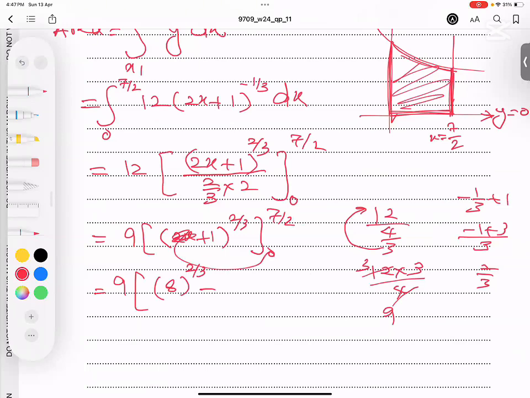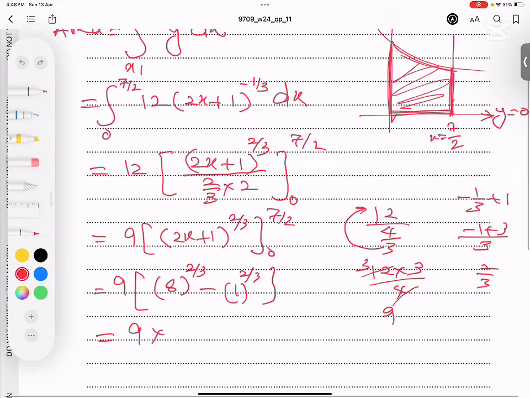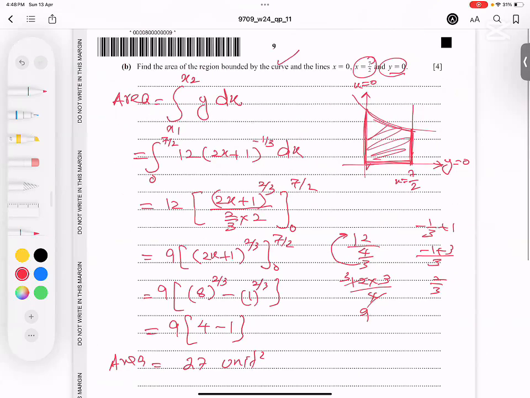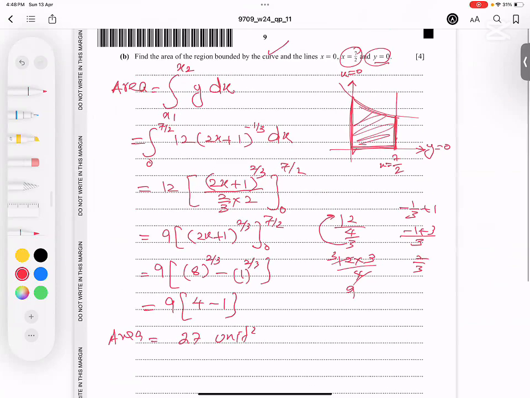And when I plug in 0 here, 1 to the power 2 over 3. And if you check it, this is a 4, 4 minus 1, 3, and 3 9s are 27 unit square is our required answer. And I hope so the point is very clear.